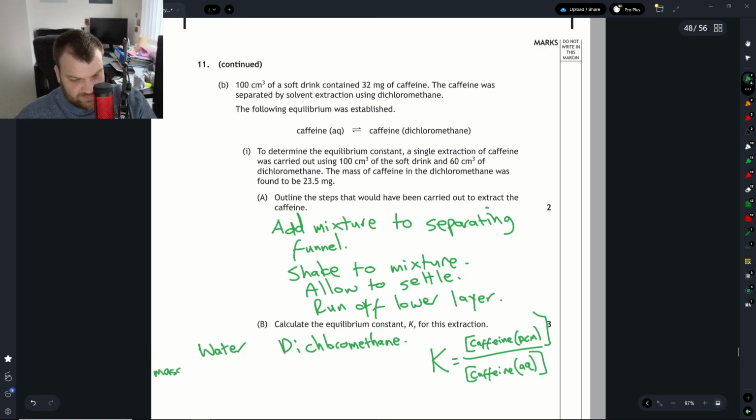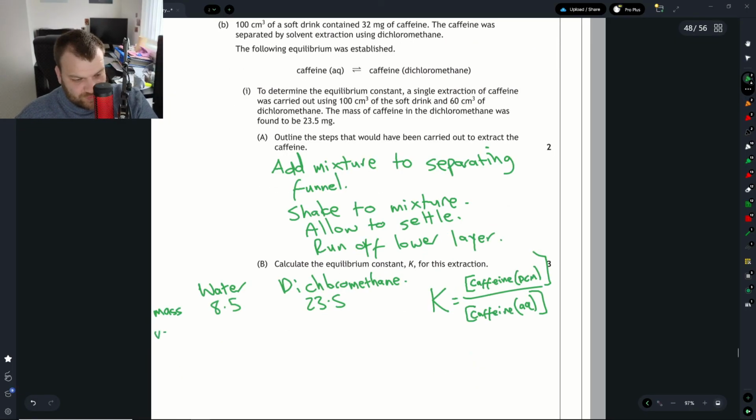We're told the mass in the dichloromethane is 23.5. Our total mass is 32. If we take them away from each other, that gives you how much would be found in the water. So that should be 8.5.